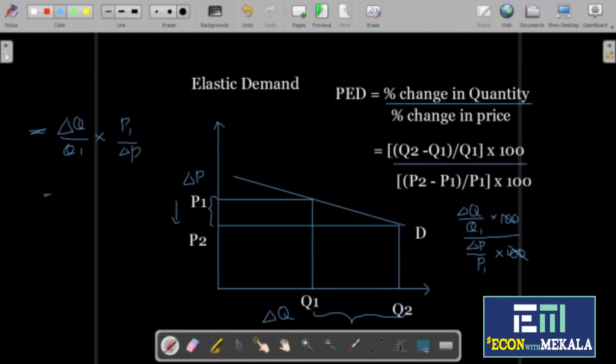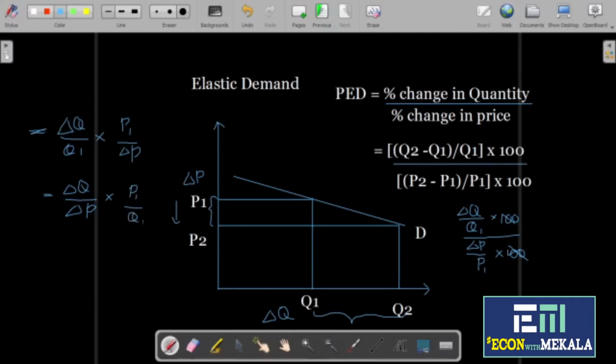Now we can simplify our equation. We can change our variables a little bit and make it look nice. If you take the deltas to one side, our equation is going to be delta Q divided by delta P multiplied by P1 divided by Q1.